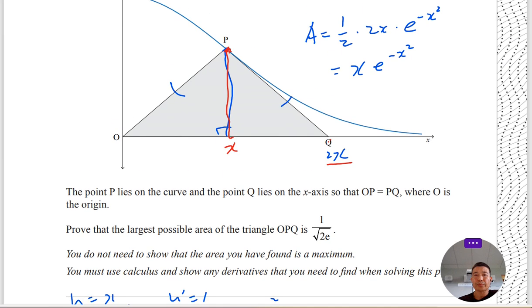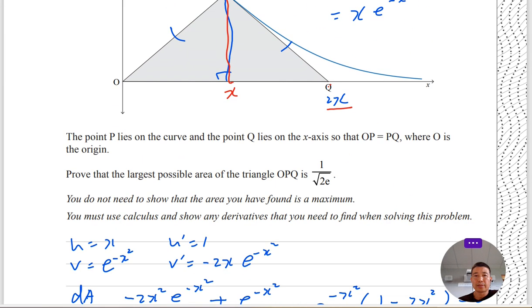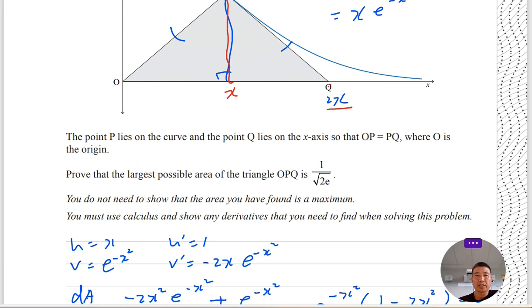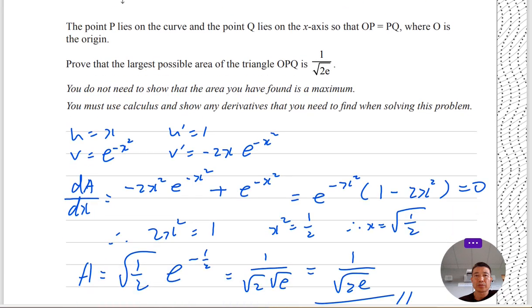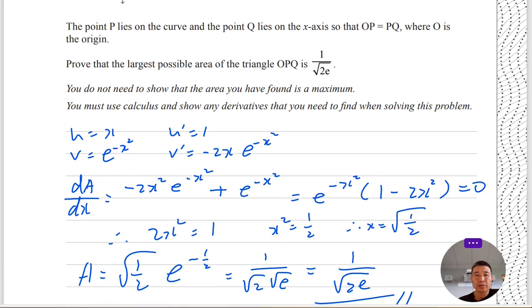So what do we do? We have to differentiate this, meaning we have to use product rule to tackle this, right? So dA dx is e to the power of negative x squared, bracket 1 minus 2x squared.